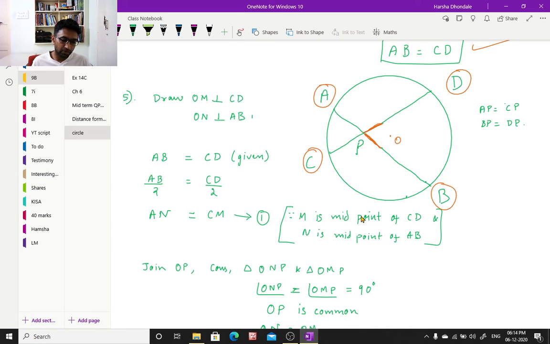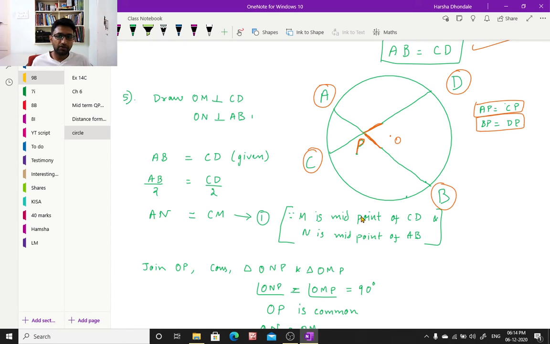That's what it says in the question. The center of the circle is O, and they are intersecting at P. This point of intersection, I'll call it P. Now we need to prove that AP is equal to CP and BP is equal to DP. These two things we are supposed to prove.